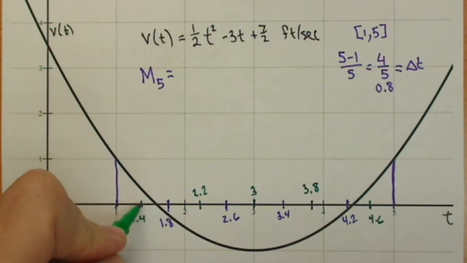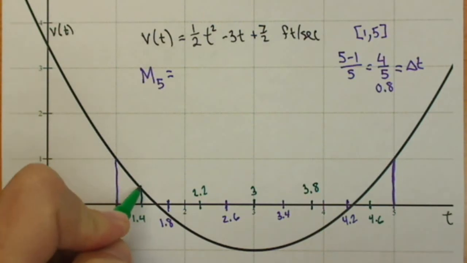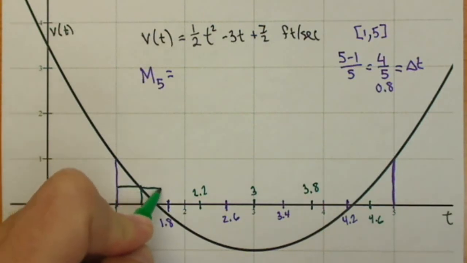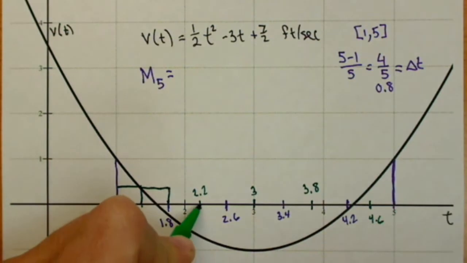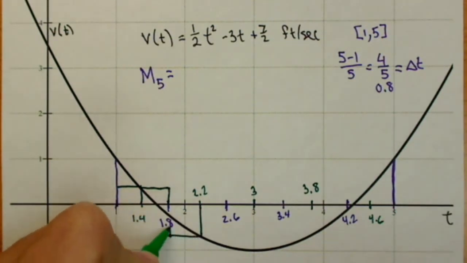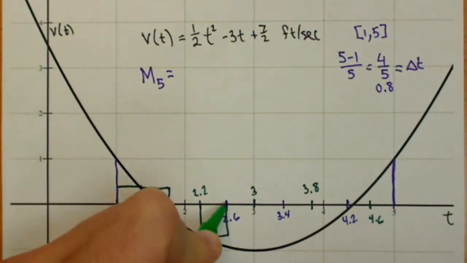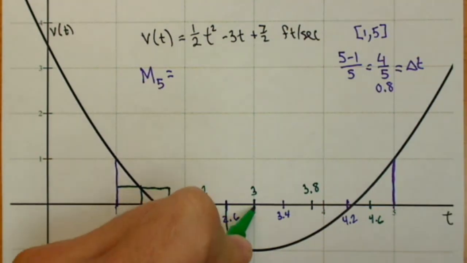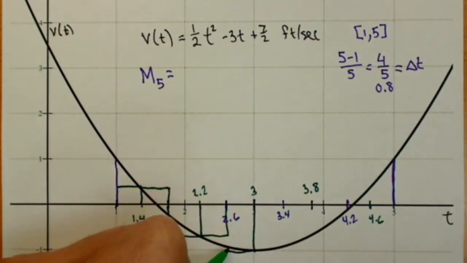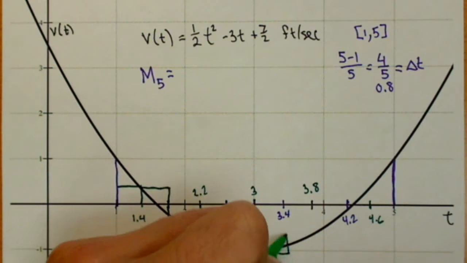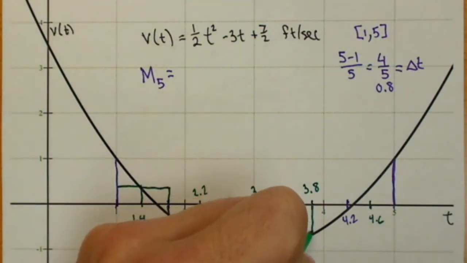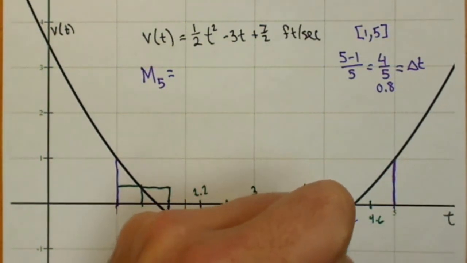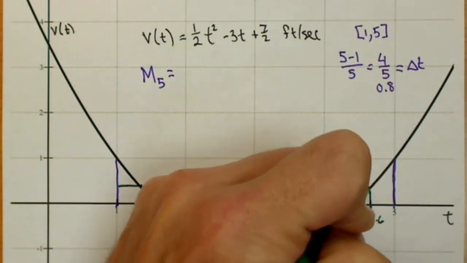So now we can draw in our rectangles based on our midpoint rule. We'll have a rectangle here, a rectangle underneath, a rectangle made from the 3 here, another rectangle underneath, and then this one will be made above.